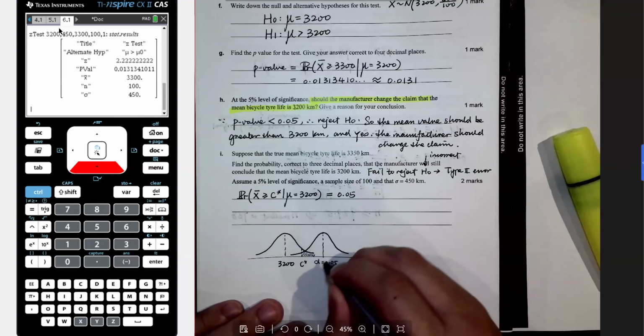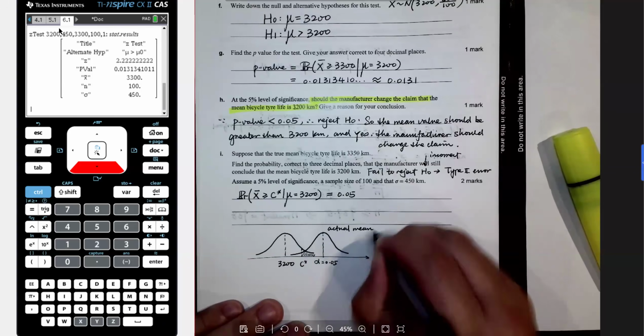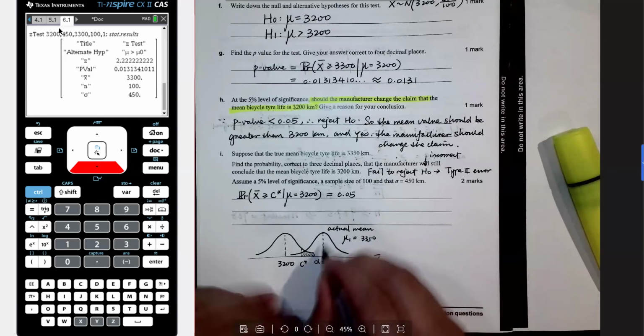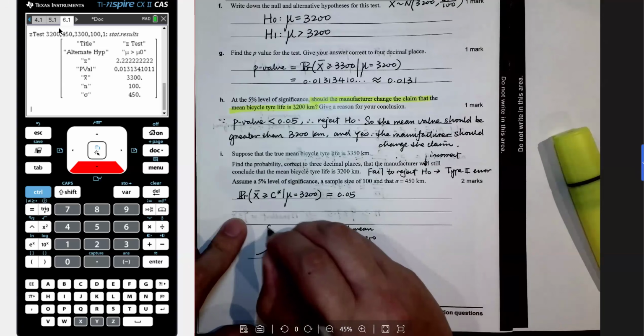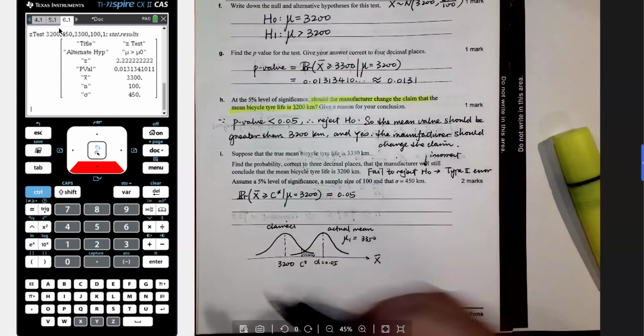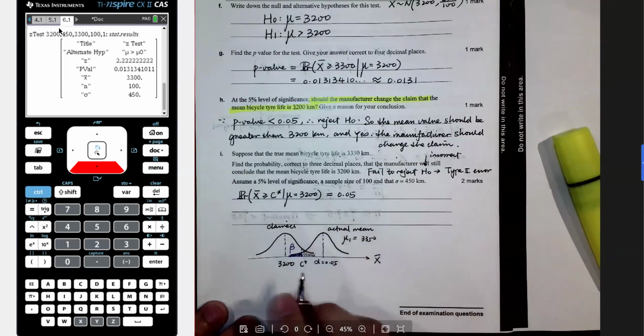Okay, this is the actual mean. Mu1 equals 3350. So you can see it's actually larger than 3200. This is the actual, this is the claimed, okay? And if I use a different color, this is going to be my beta, okay?